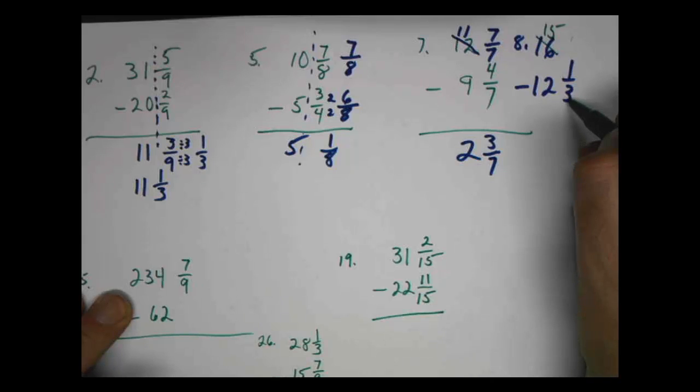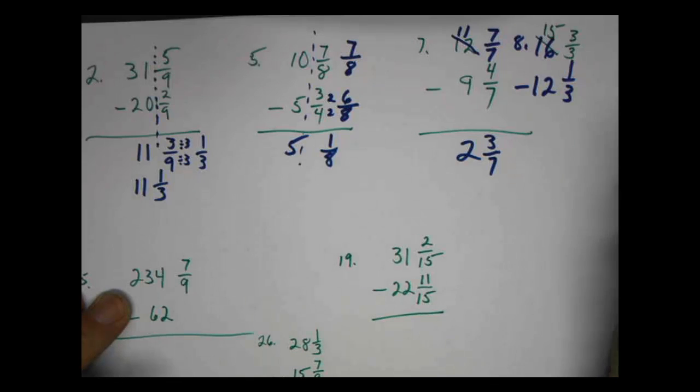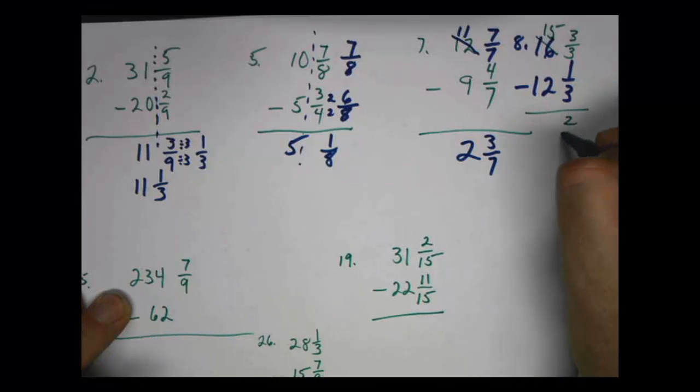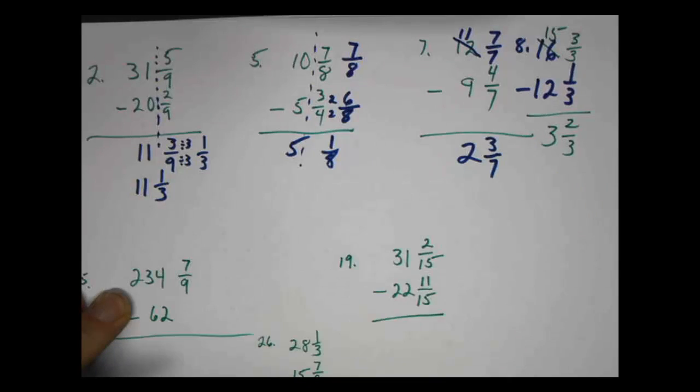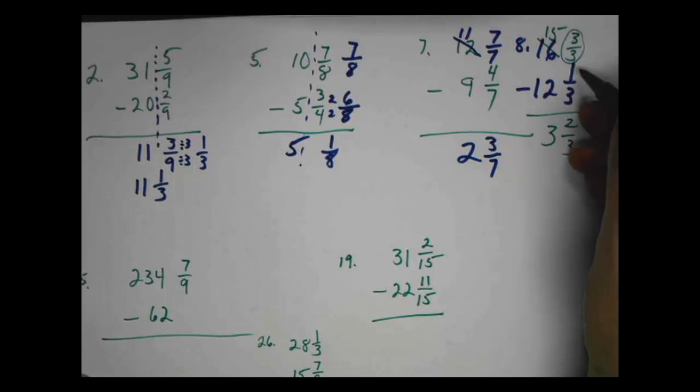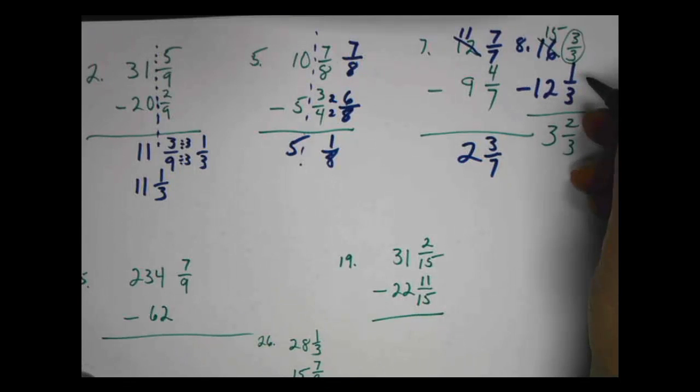We're in base 3, so we're going to borrow 1. So that's 3/3. That's the 1. That's where I got it from. I can take 1 from 3 now. I have 2/3. And 12 from 15 is 3. So when we borrow 1, we're borrowing 3 out of 3 or 4 out of 4, 10 out of 10, whatever that base is, that's the 1.